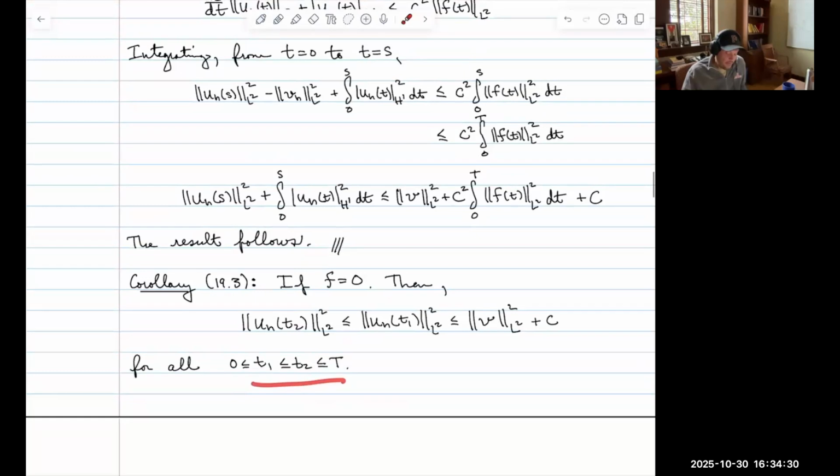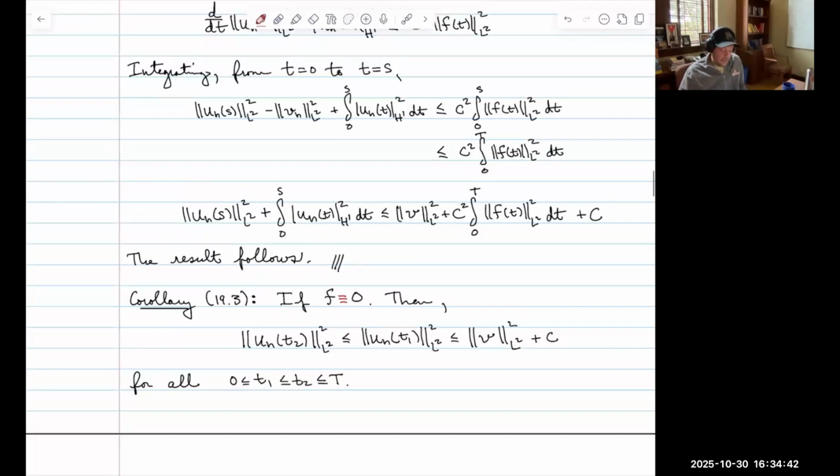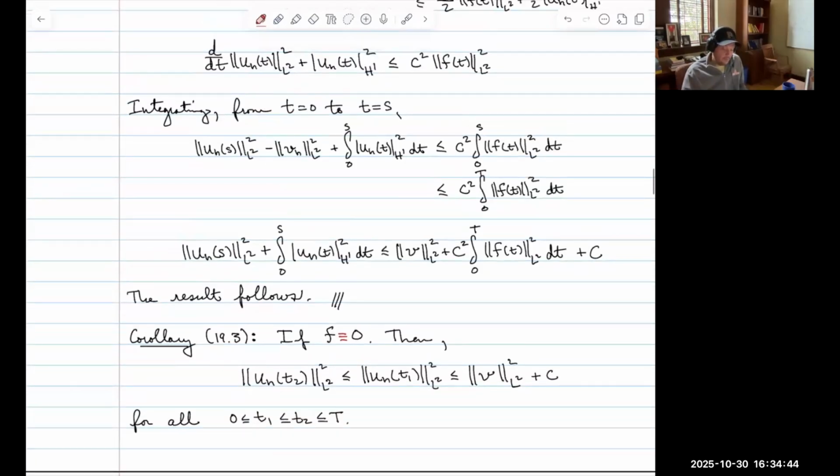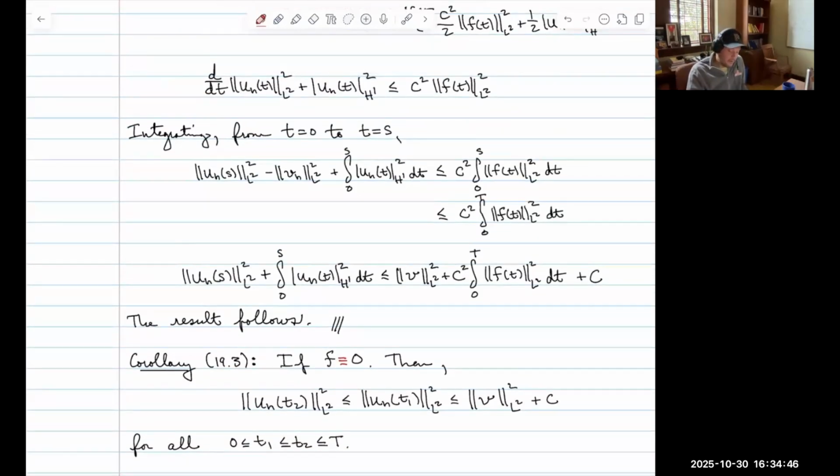If I set F equal to 0 in particular, what do I get from the above analysis? Up to this point, everything is exactly the same. It's just that I don't have this term at all.